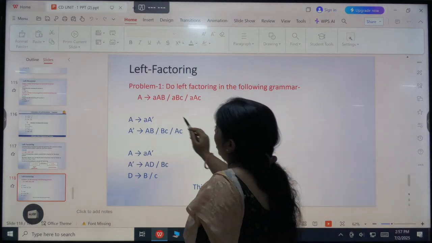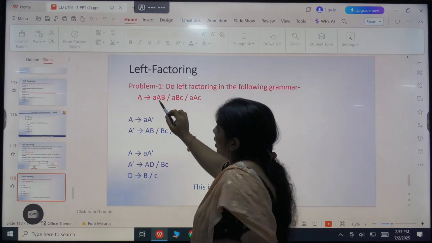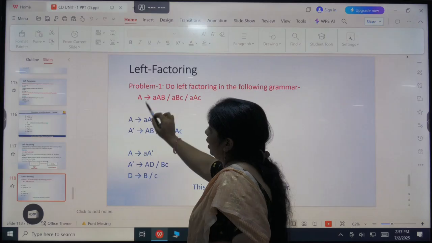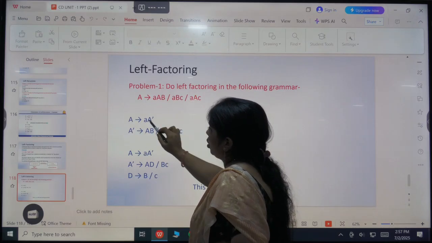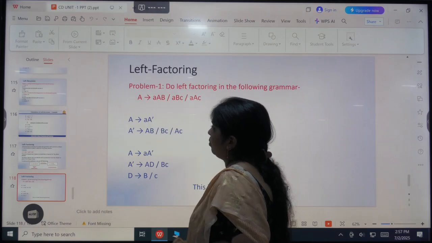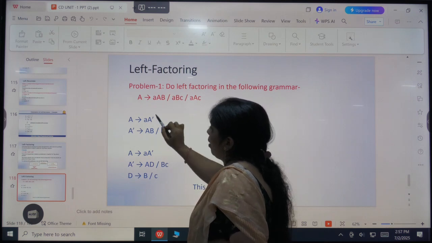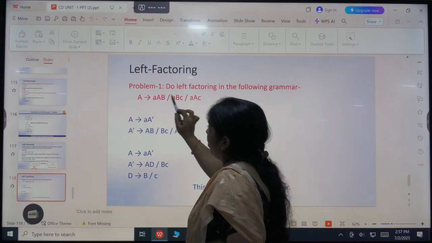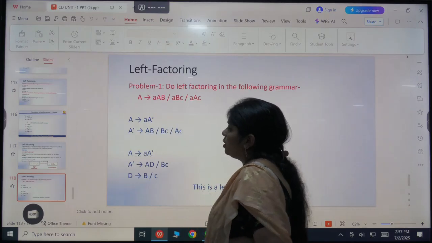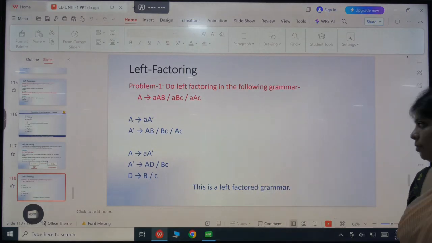In this example, small a is common in all the productions, so we write this common part once, and instead of AB or BC or AC, I write A dash. Now the A dash value will be either AB or BC or AC. In this way we eliminate the left factor.